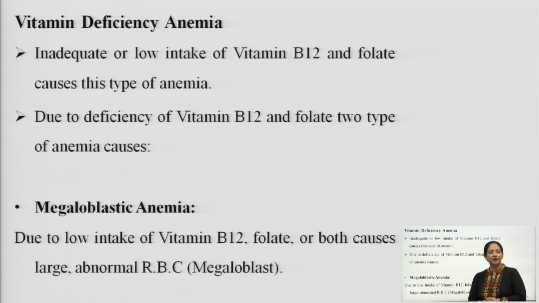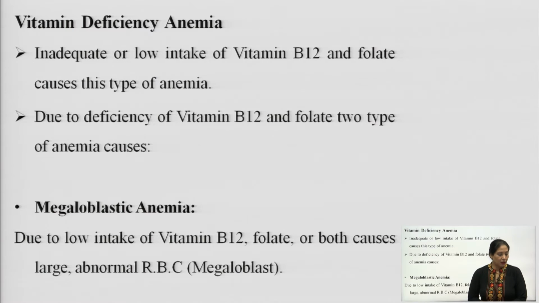And the third one is deficiency of vitamins. Vitamins means cyanocobalamin, that is vitamin B12. Vitamin B12 and folate are also essential elements for the synthesis of RBC in the red bone marrow, but the deficiency of vitamin B12 is divided into two types.